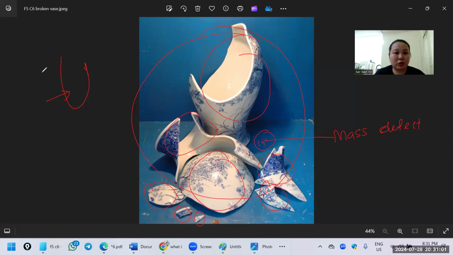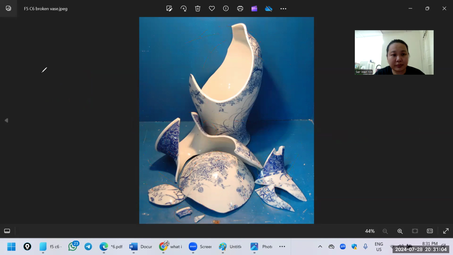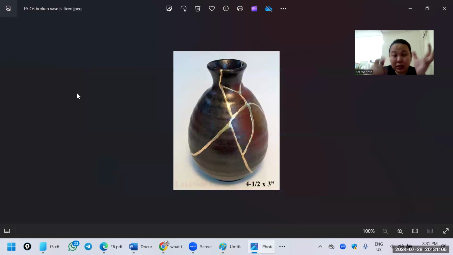It means even though you join them back into a big piece, some part has still disappeared, missing out.